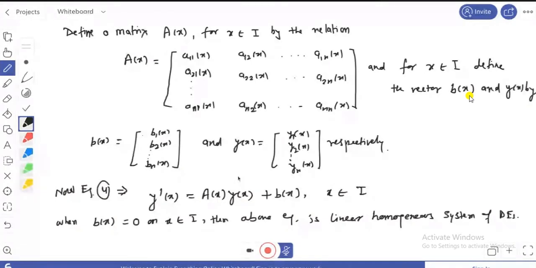Okay, so this is basically the theoretical background of systems of equations. Any system of equations you can write in this matrix form, and here you can obtain the matrix A, and by using the eigenvalues of this matrix A, you can find the solution of that system of differential equations.